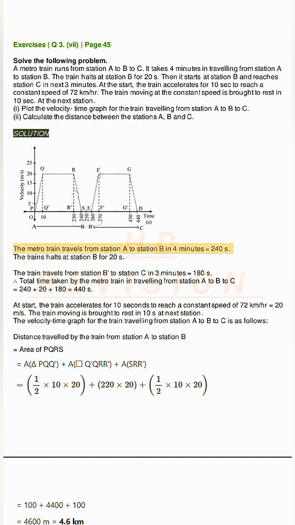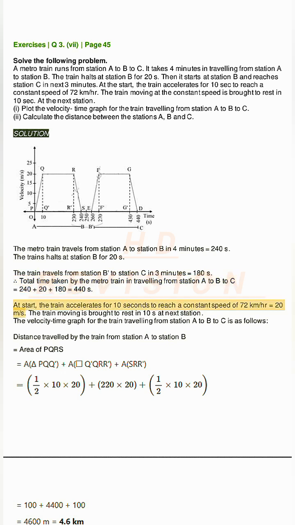Solution. The metro train travels from station A to station B in 4 minutes equals 240 s. The train halts at station B for 20 s. The train travels from station B to station C in 3 minutes equals 180 s. Therefore, total time taken by the metro train in traveling from station A to B to C equals 240 plus 20 plus 180 equals 440 s.